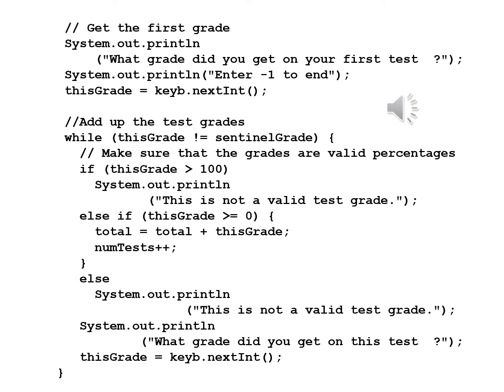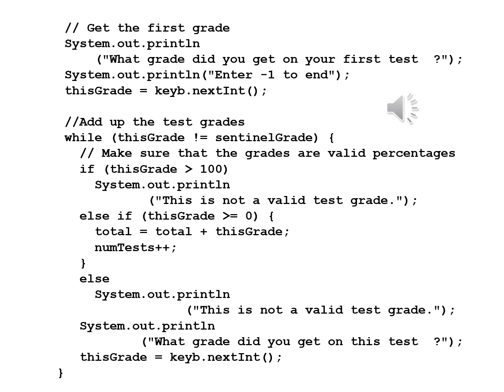And now, while thisGrade is not equal to SENTINEL_GRADE, I begin the loop with an open brace. Inside, I write the comment, make sure the grades are valid percentages. That means it has to be between 0 and 100. If thisGrade is greater than 100, System.out.println, this is not a valid test grade.